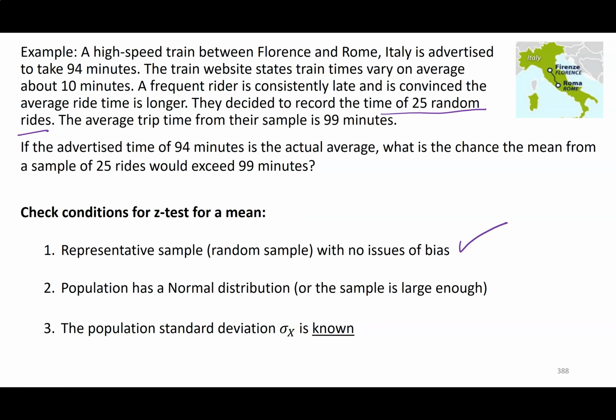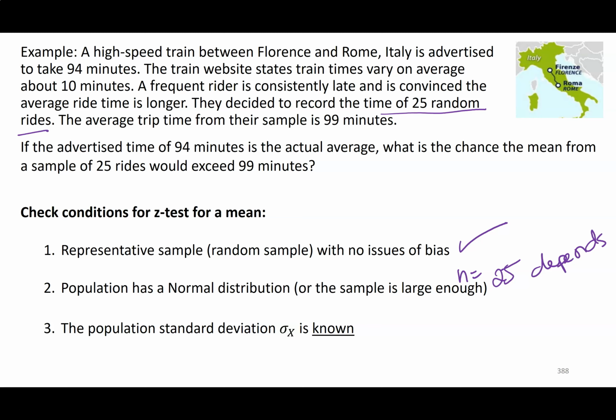And then, do we know that it has a normal distribution? We have 25. It depends. As long as the population isn't very skewed or has outliers, it's probably okay.